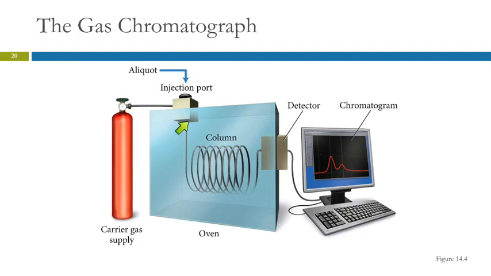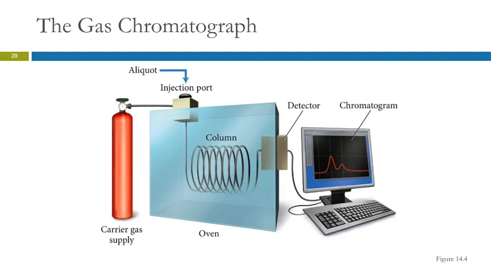And it gets carried along by that carrier gas, and the different components in your mixture will have varying amounts of attraction for the column. And so ones that are attracted to the column will kind of stick and lag behind, and the ones that are not attracted to the column will just shoot right through.